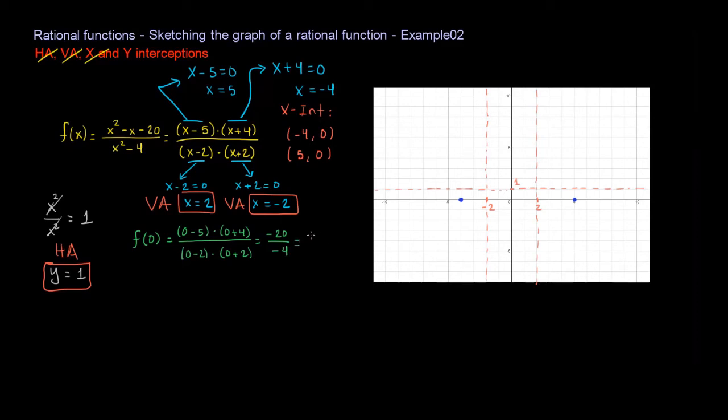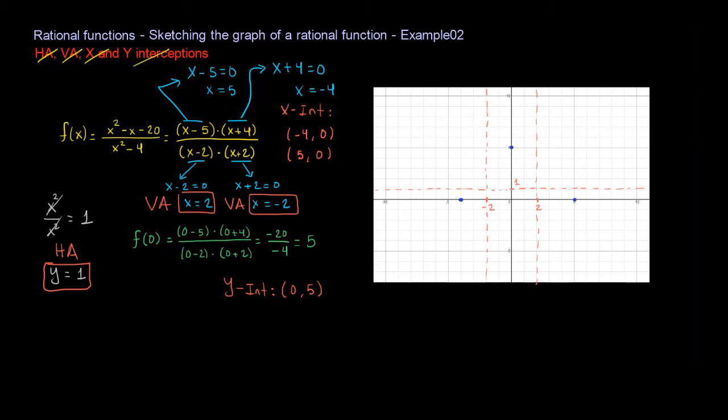So in other words, we get 5. We can say that the y intercept will be at 0, 5. I'm going to locate it here in my nice graph. There it is, the y intercept, and we're done with the four elements.